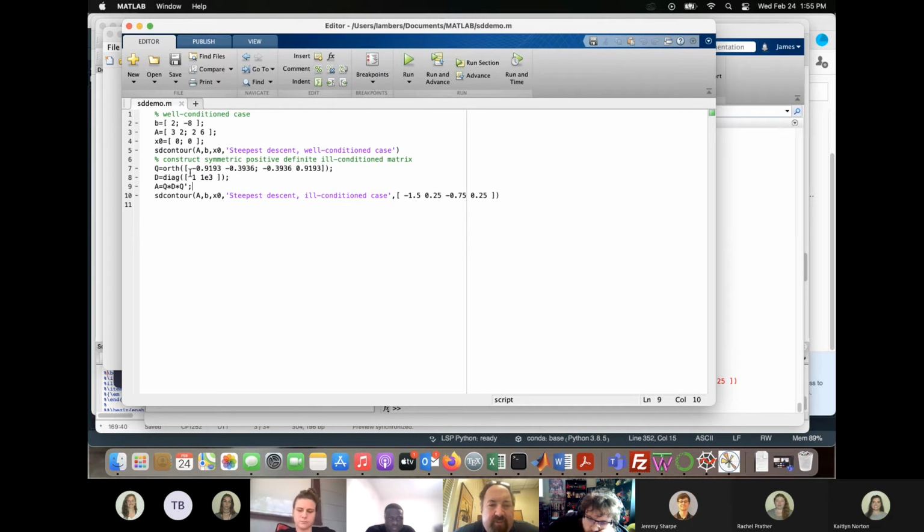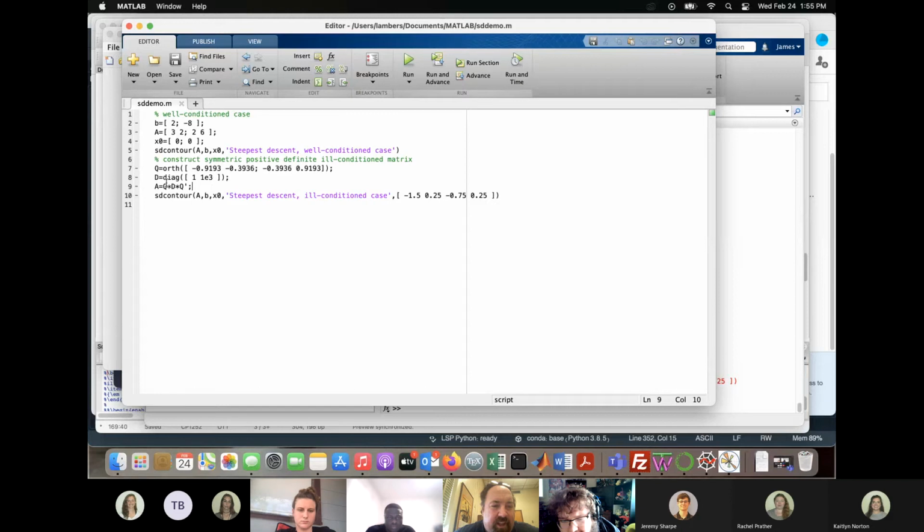Because of the difference in orders of magnitude between these two eigenvalues, which, by the way, are also singular values, only if A is symmetric positive definite are the eigenvalues and the singular values the same. And remember, a condition number is the ratio of largest singular value to smallest. So the ratio here is 1,000. So it's not even all that badly conditioned, but kind of bad.